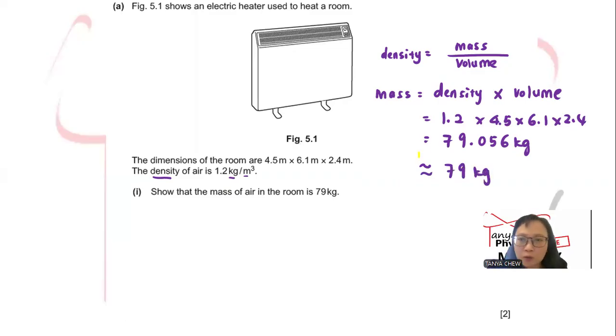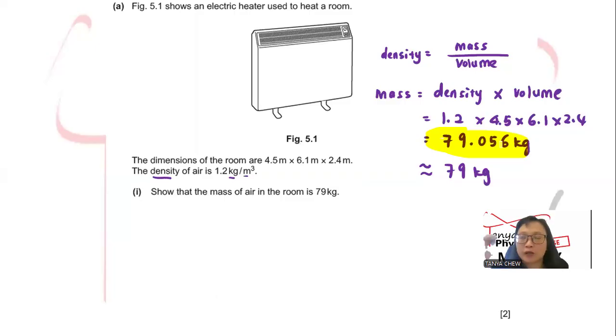This is what I call the intermediate answer. Whenever you write down the numbers, you have to perform the calculation in your calculator. Of course, you don't have to show how you press your calculator, but you need to show the answer that you have gotten from your calculator.